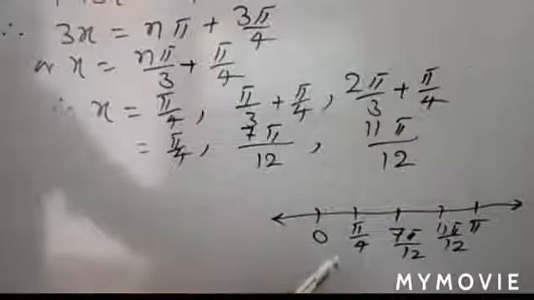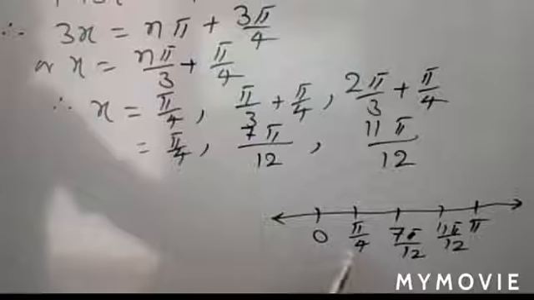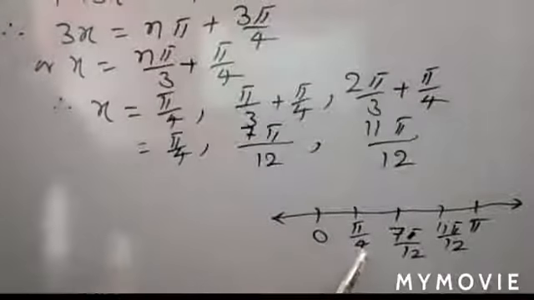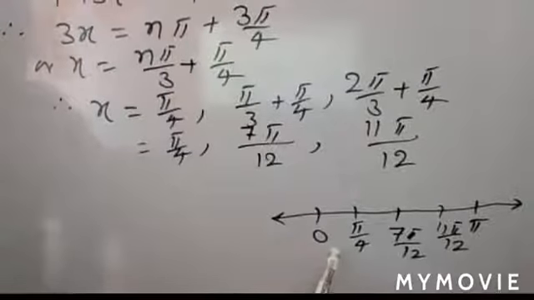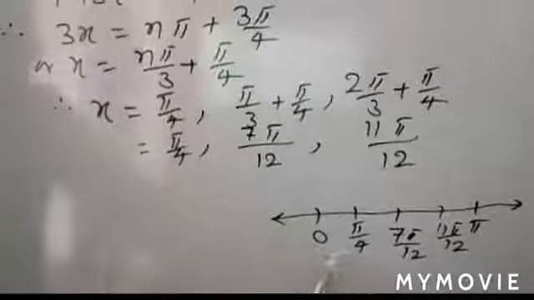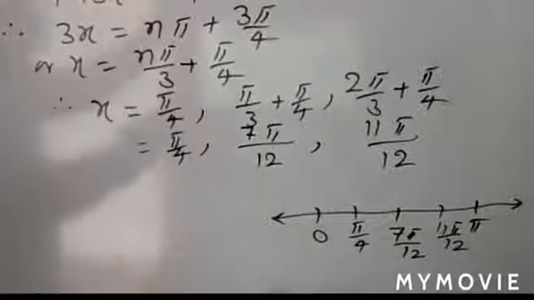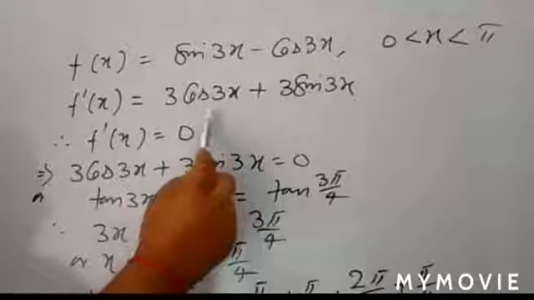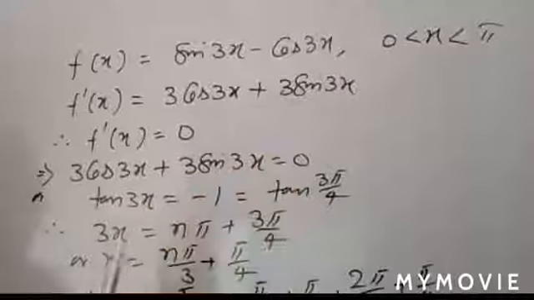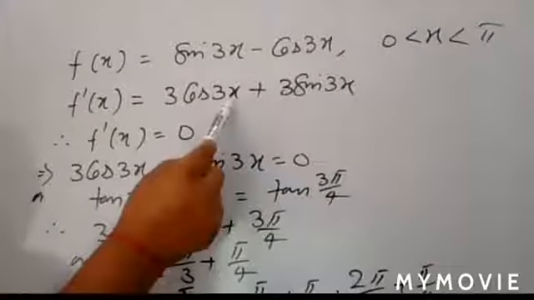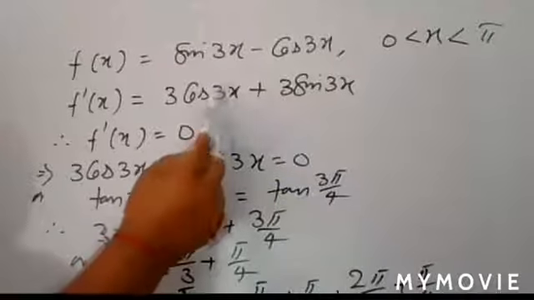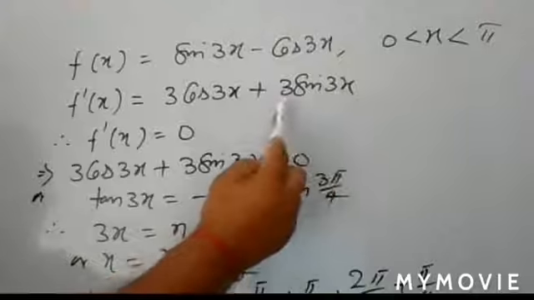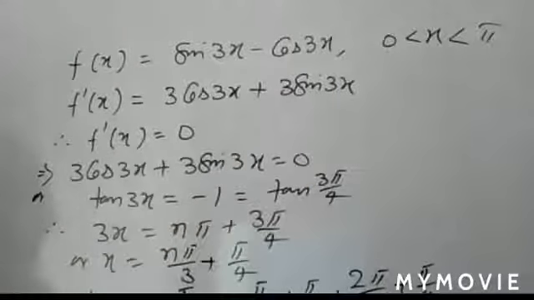If you want to check any value between 0 and pi by 4, pi by 4 is 45 degrees, so suppose you take pi by 6, which lies between 0 and pi by 4. Now putting x equal to pi by 6 in f dash x, check its sign. You have cos pi by 2, which is 0, so that cancels out, and you get the value 3, which is positive.